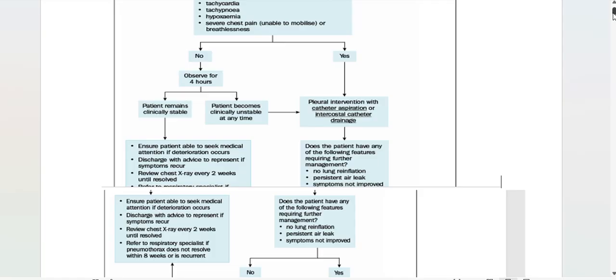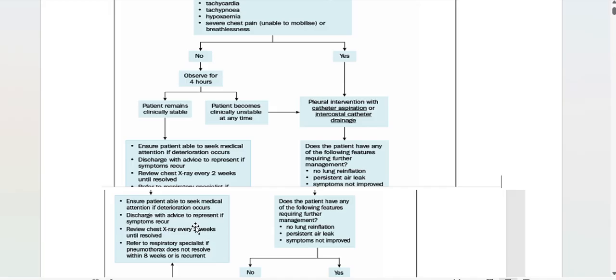And then if the patient remains stable, what we are going to do is discharge with advice that if your condition deteriorates, you have to come immediately to the hospital. Discharge with advice to represent if symptoms reoccur, with review every 2 weeks until the pneumothorax is resolved.